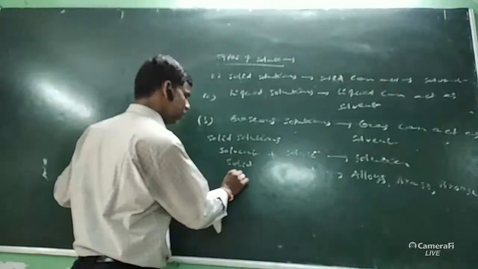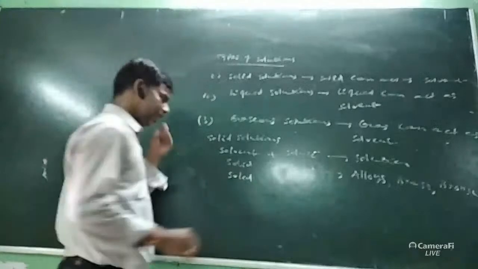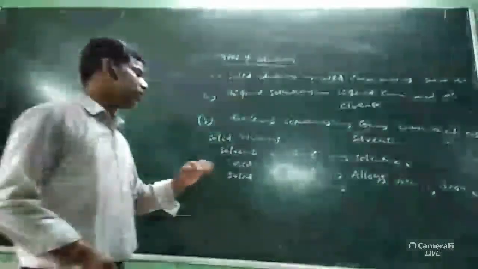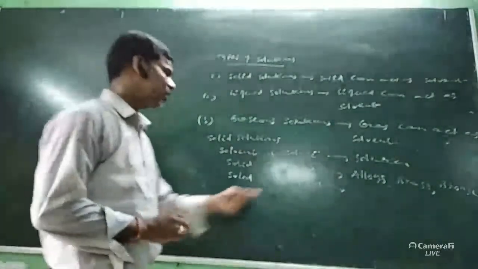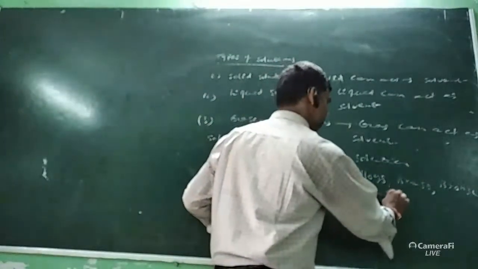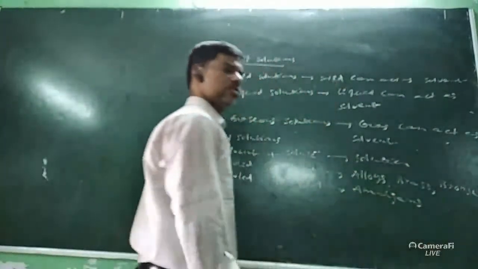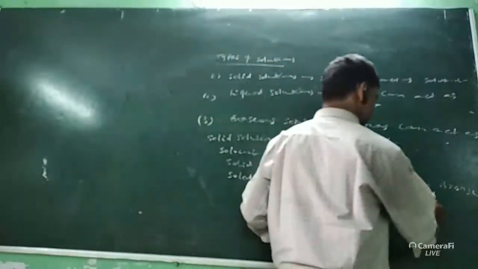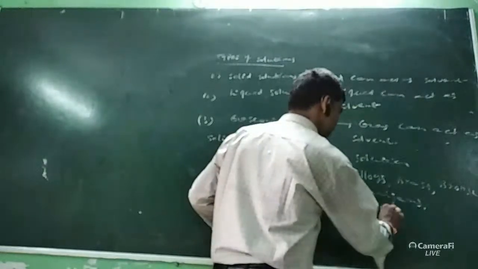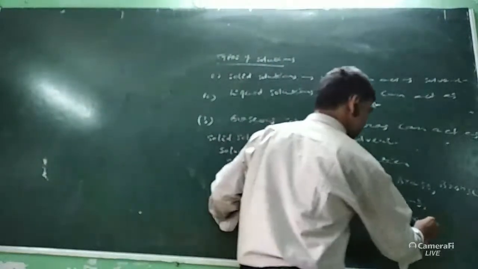And coming to the solid, here we have the liquid. The solid is the larger amount and the liquid is the smaller amount. Those are called amalgams. Amalgams means metal plus mercury.